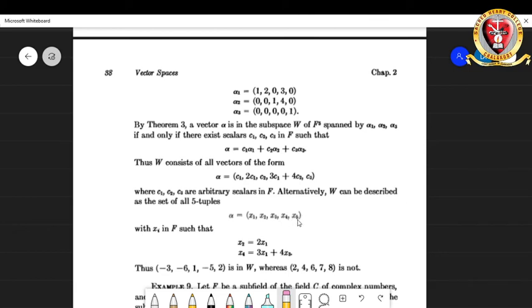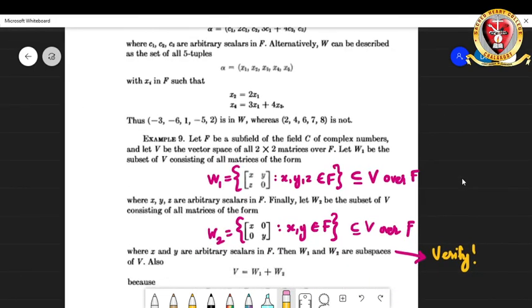And x5 here will be the same. From that you can check that the 5-tuple (minus 3, minus 6, 1, minus 5, 2) will be in W, whereas the 5-tuple (2, 4, 6, 7, 8) will not be inside W, because it is not of the form we mentioned here.